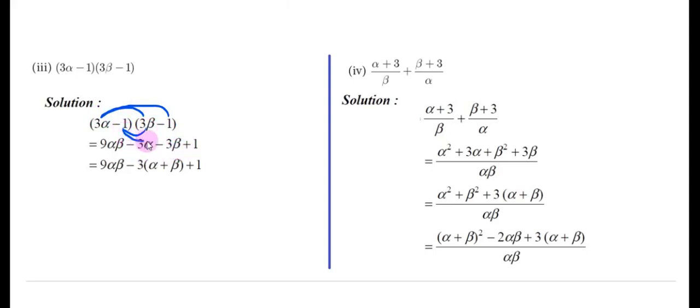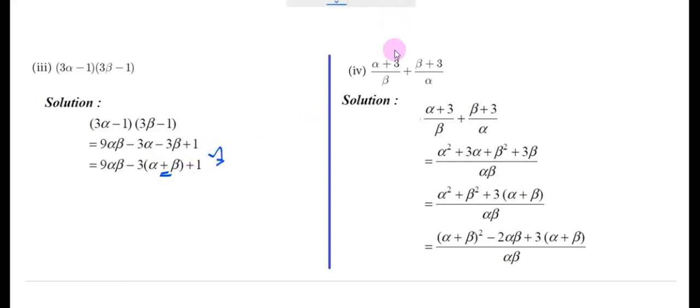Next minus 1 into minus 1, this will be plus 1, understood? That is equal to 9 alpha beta. Here minus is common, so we should take the minus outside, so minus 3 also common, so minus 3 into alpha plus beta. How plus? This minus we are taking outside, means this will be plus, understood? So alpha plus beta plus 1, enough.